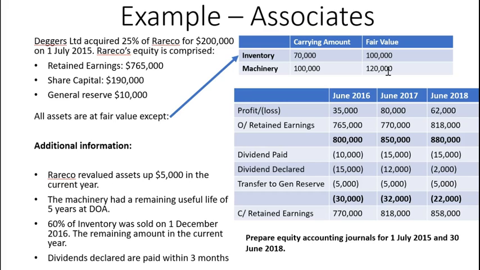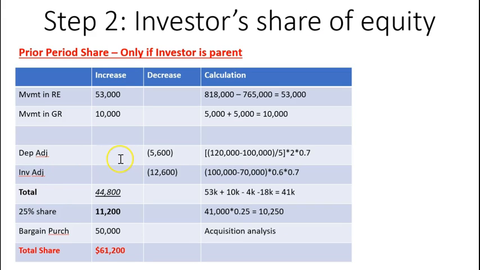So we'll be depreciating the machinery at $4,000 more every year than Rareco. We want to depreciate $24,000 a year, Rareco wants to depreciate $20,000 a year, so we want to recognize $4,000 more expenses every year.